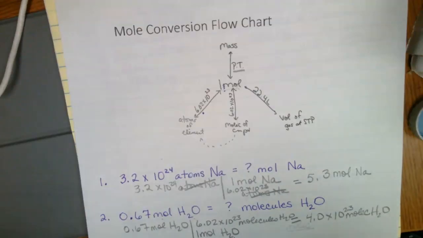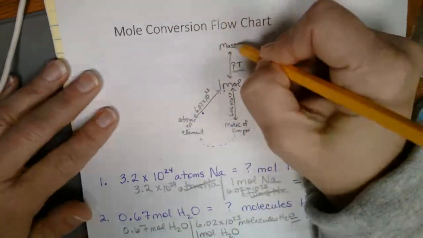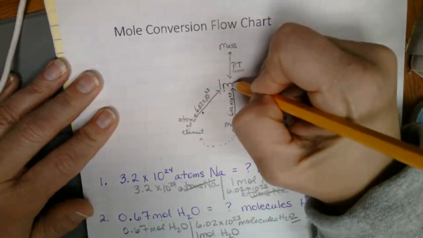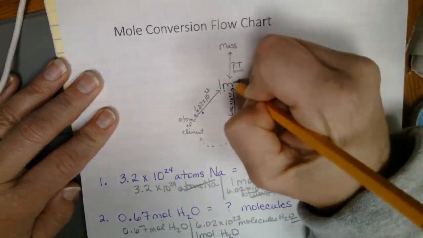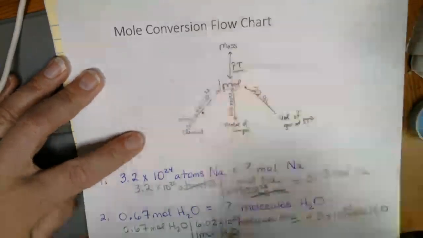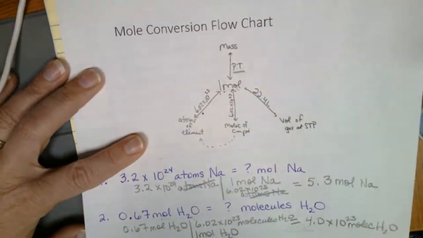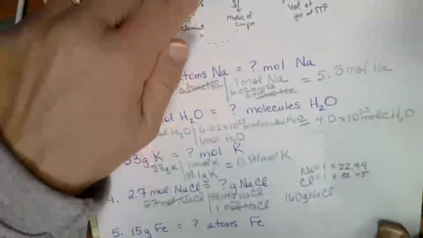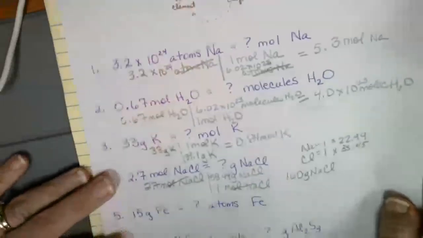There's a layover. There's a stop you have to make in between. This also tells me how many steps are going to be in my problem, because I'm going to have to go from mass to moles, and then from moles to atoms. So this is a two-step problem. This helps keep me straight on how to get there.